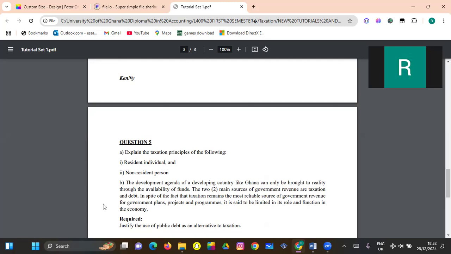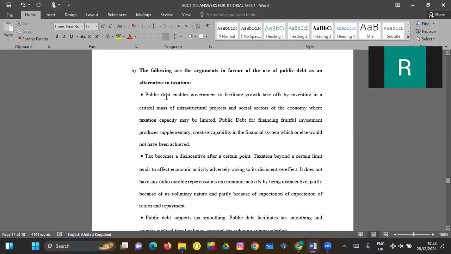So why would you use public debt instead of taxing the citizens, right? So public debt enables government to facilitate growth, take off by investing in a critical mass of infrastructure projects, right? So sometimes if the government also needs quick money, taxing will take a lot of time.